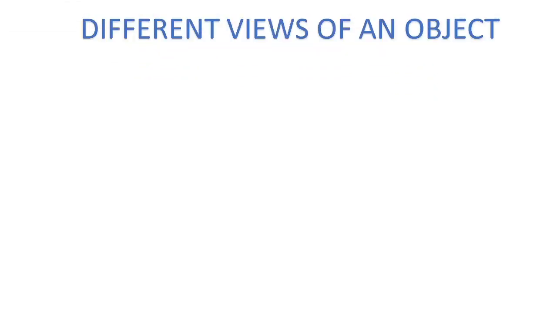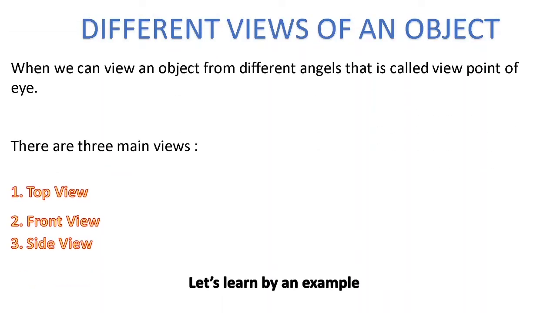I hope you have understood the concept of view in the video shown previously. Now coming to the definitions, when we can view an object from different angles, that is called the viewpoint of an eye.